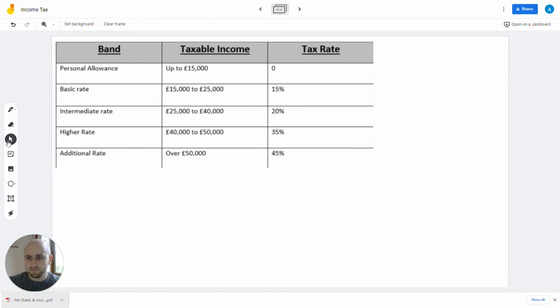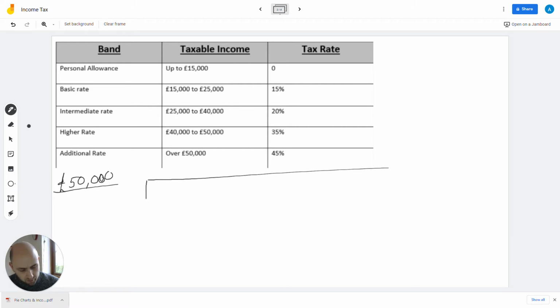Same tax band. This time we're going to have a look at someone that earns, we're going to say 50,000. Again, all I'm going to do is copy out of this table again with all that information in.